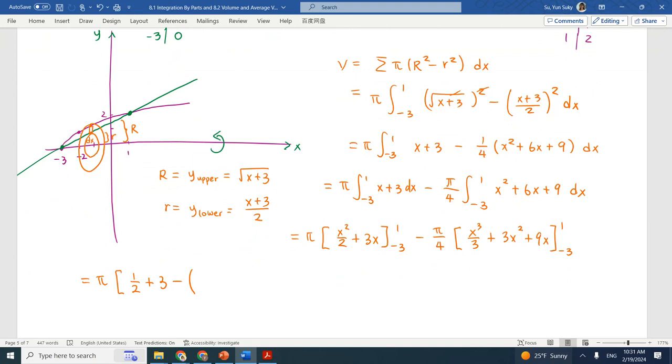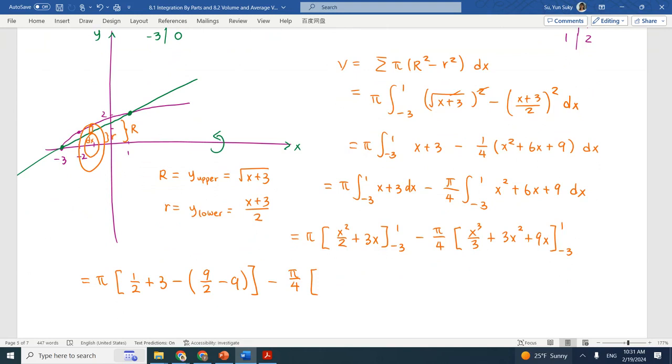What's negative 3 squared? 9. So 9 over 2. And then negative 3 times 3 is negative 9. Yes, that's the first part. Minus pi over 4 of the second part.